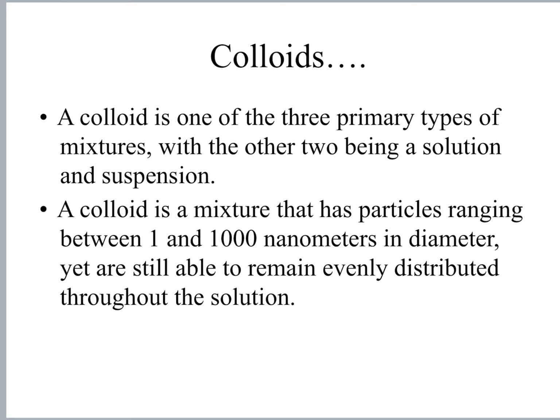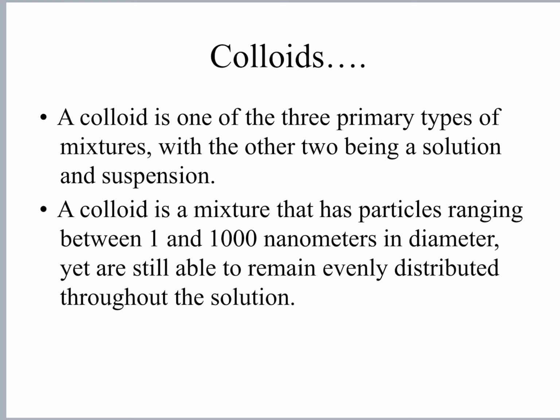Whereas a colloid is a system, a colloidal system, where the particle size is in between the particle size of true solutions at one end and the suspensions at the other end. That is, the particle diameter remains between 1000 nanometers and 10 nanometers.